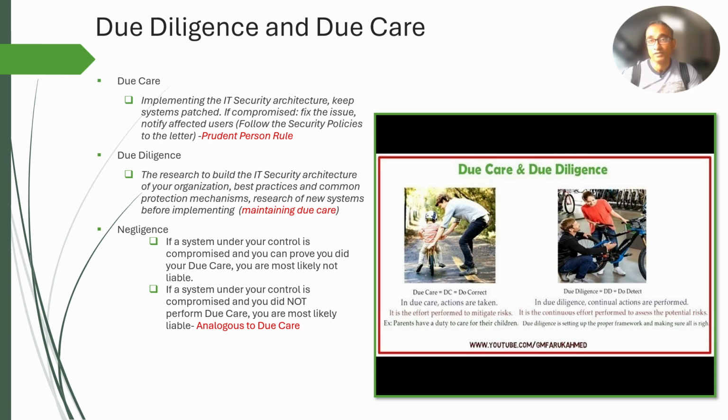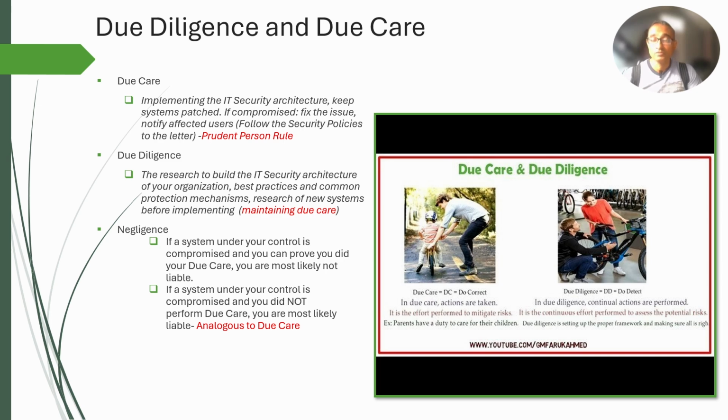In terms of framework and applying the control, the responsibility of due diligence and due care has always been of utmost importance. We have seen in the previous videos of this domain that we have talked about due care and due diligence, but it is important that we reiterate this concept in terms of security control frameworks and applied controls.